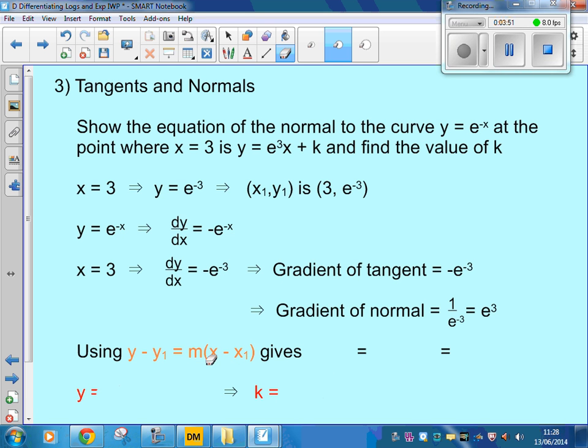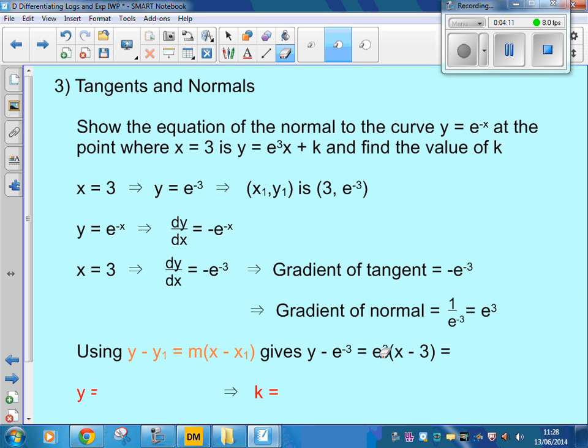Using y minus y1 is m times x minus x1, we've got our gradient. We've got the point it goes through, so that tells us that y minus the y1, y minus e to the minus 3, is the gradient, e cubed, times x minus the x1, x minus 3.